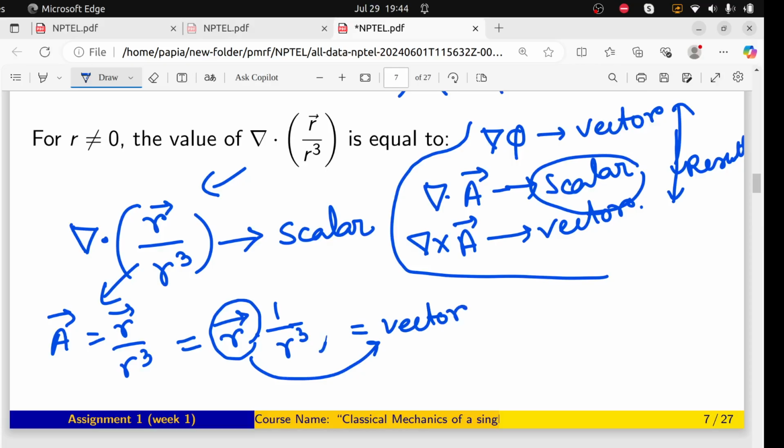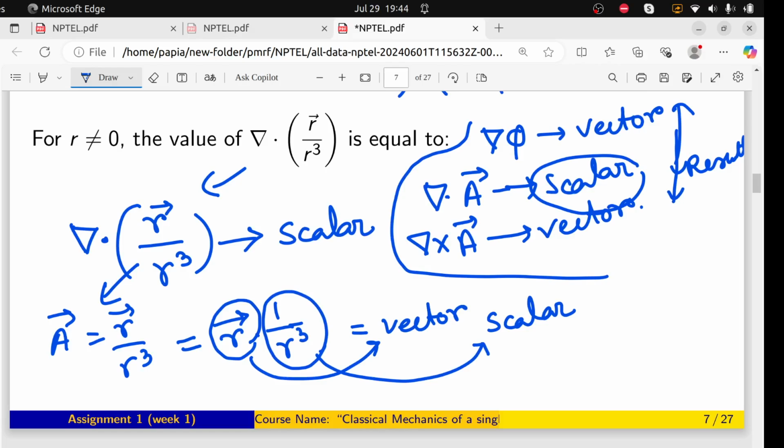Yes. Now tell me, what is 1 by r cube? By seeing the notation at least, is it a scalar or vector? It is a scalar. Yes, because there is no arrow here, and actually 1 by r cube is a scalar.